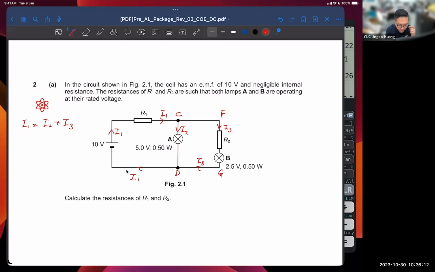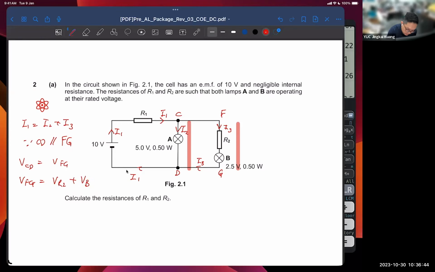Because you can see that these two are parallel to each other, I can say that because CD is parallel to FG, VCD is equal to VFG. And VFG is equal to VR2 plus VB.